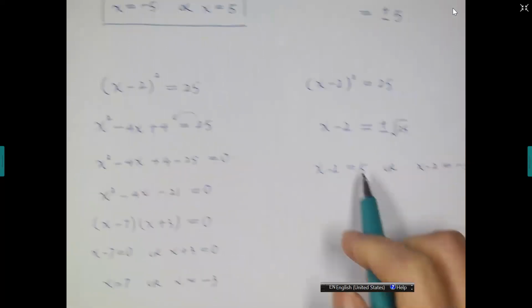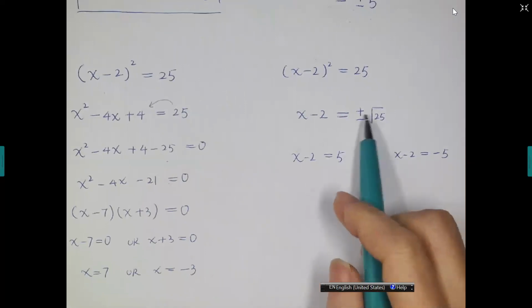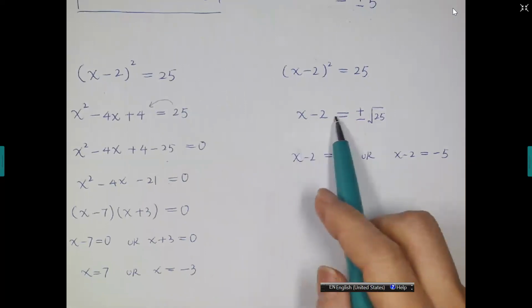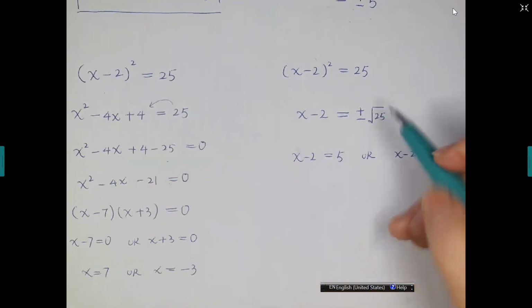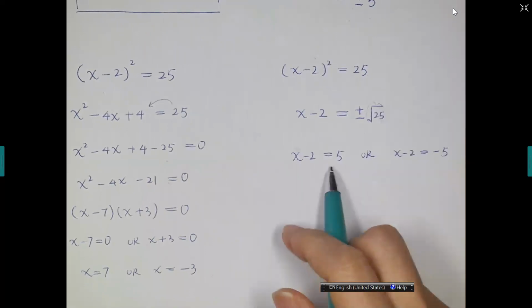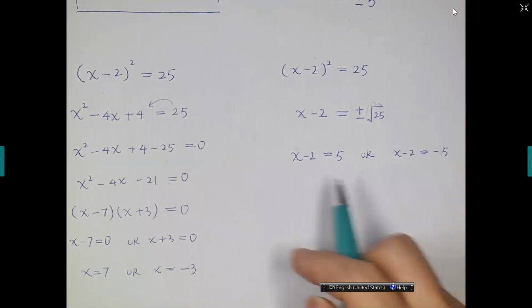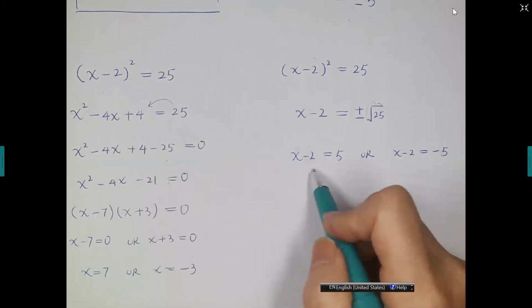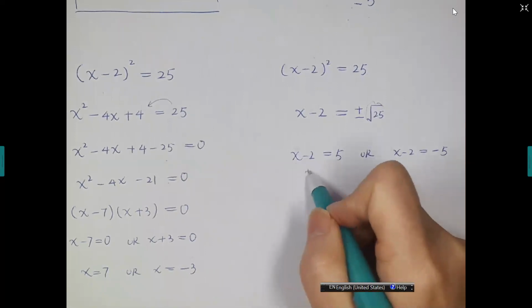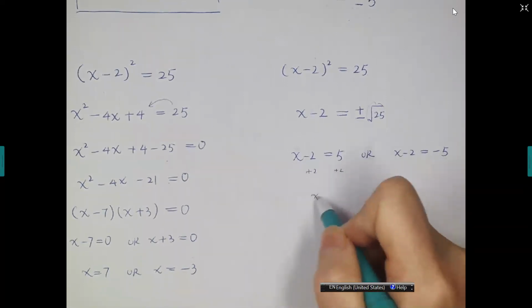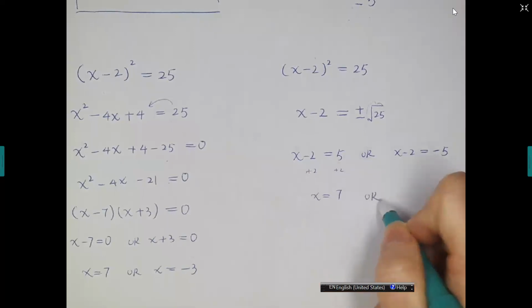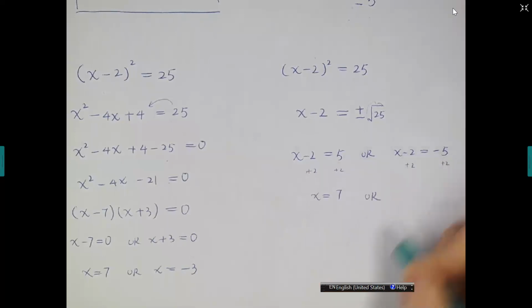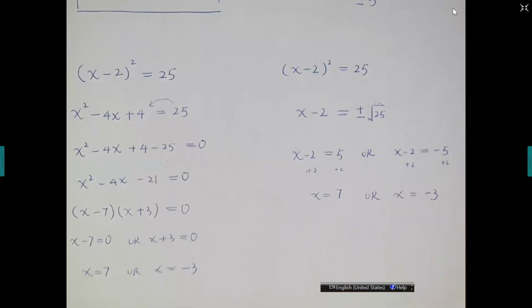I split the two cases, keep the positive, so x minus 2 equals positive 5 or negative 5. Then what do we do? We are going to solve this linear equation. Plus 2 on both sides, I get x equals 7. Or plus 2 on both sides here, I get x equals negative 3.